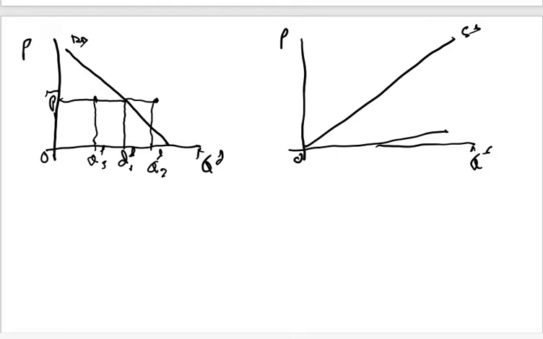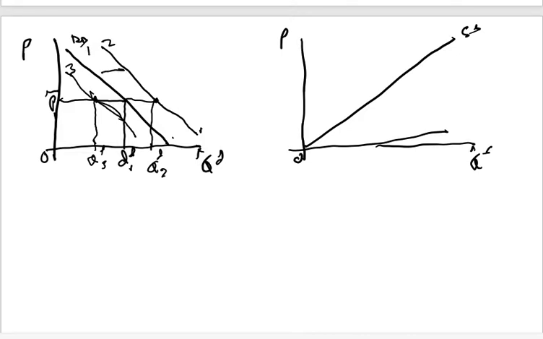So it means in either case we need a new demand curve, something like that. So we can say this is D1, this is D2, and this is D3.